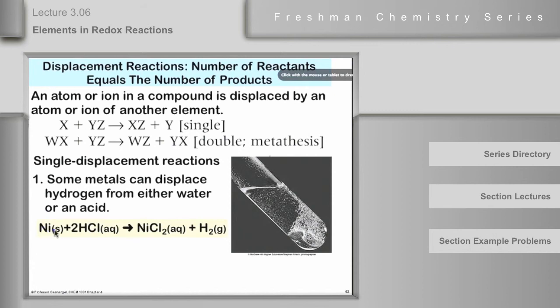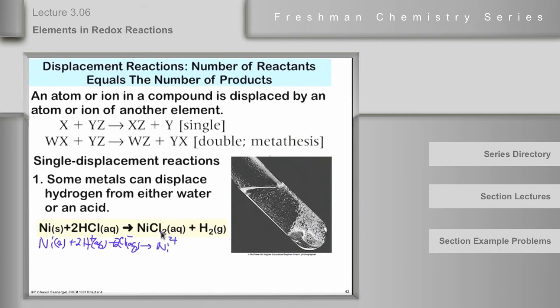And if we wanted the total ionic equation, it would look like nickel solid plus 2H plus aqueous plus 2Cl minus aqueous gives nickel 2 plus.